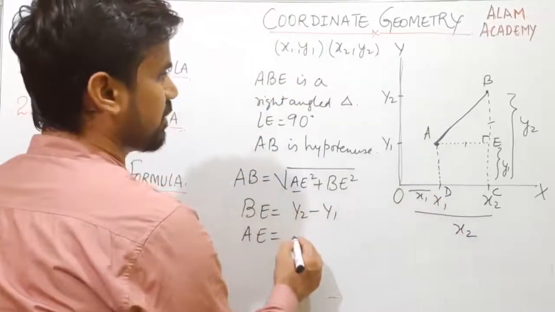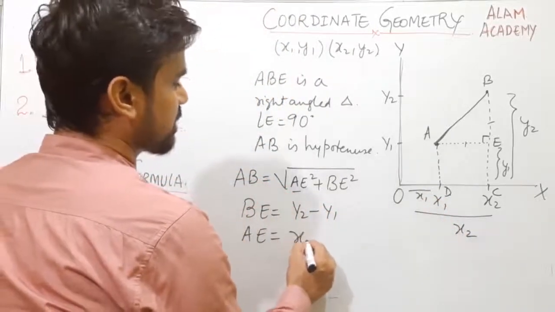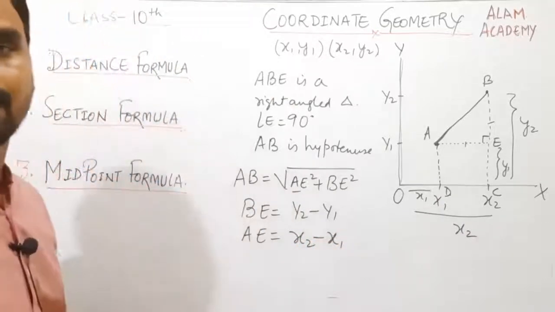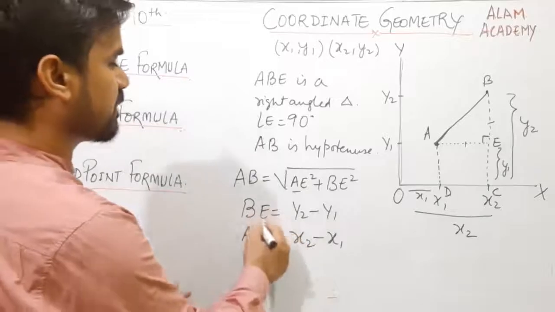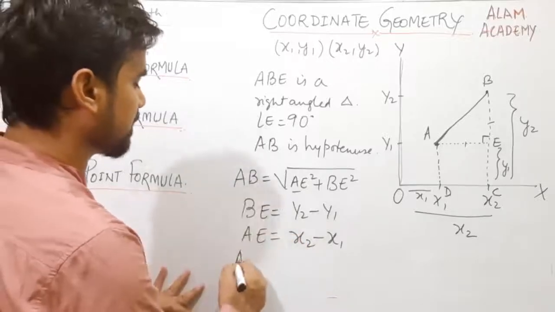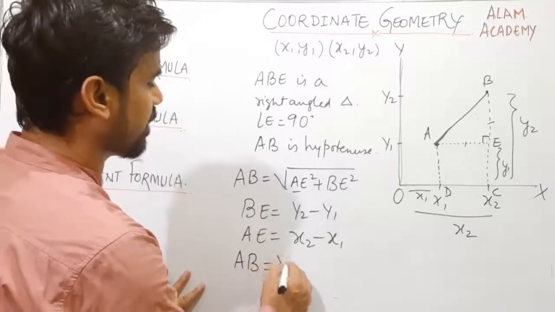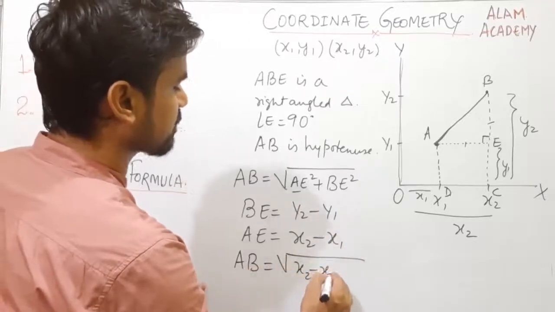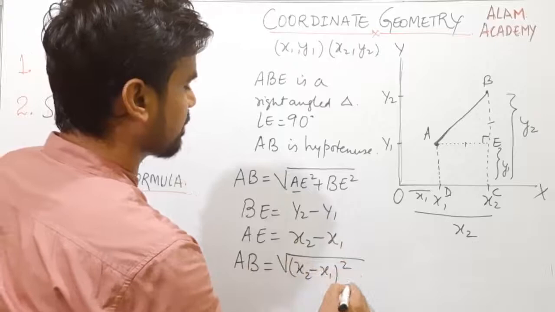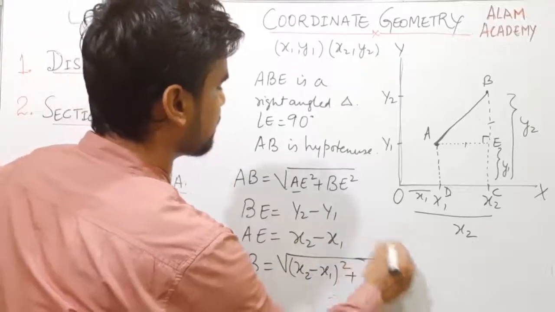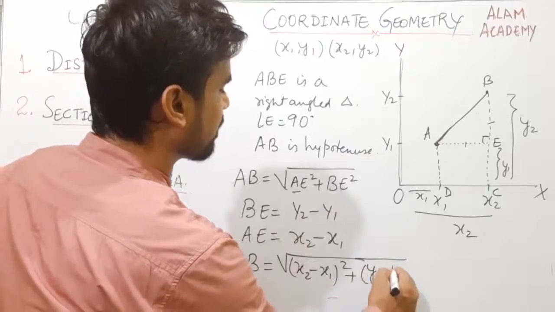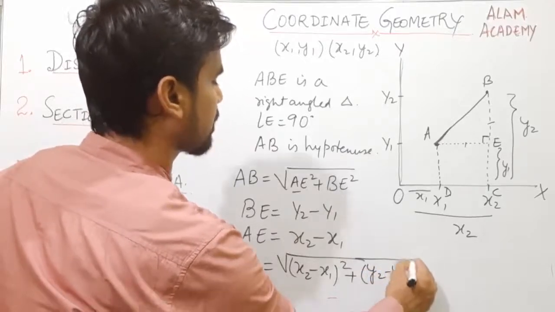So AE will be x2 minus x1. Okay, now we put the value of BE and AE in this formula, so we get AB equals under root (x2 minus x1) whole square plus (y2 minus y1) whole square.